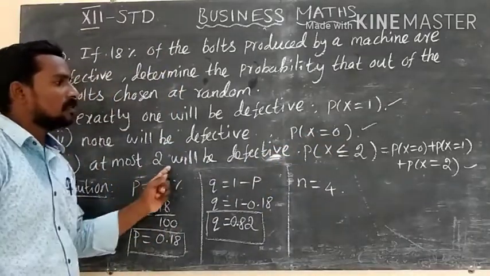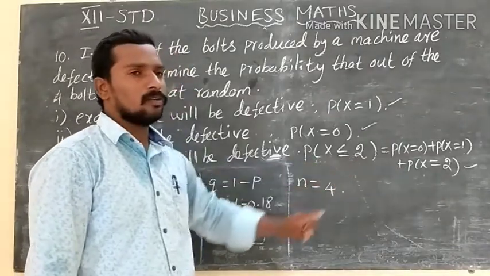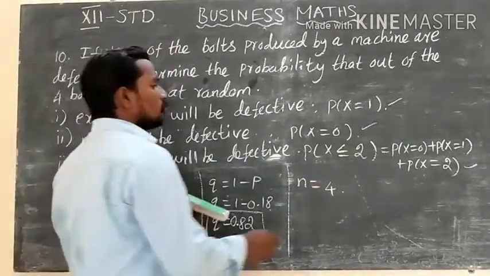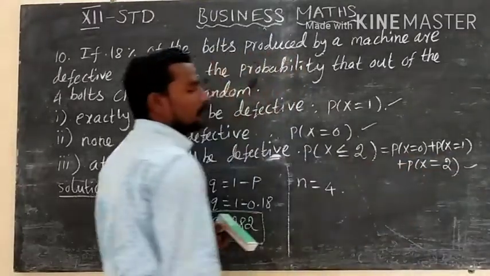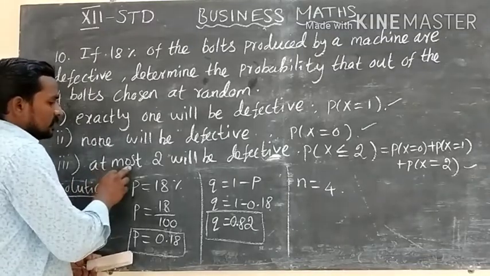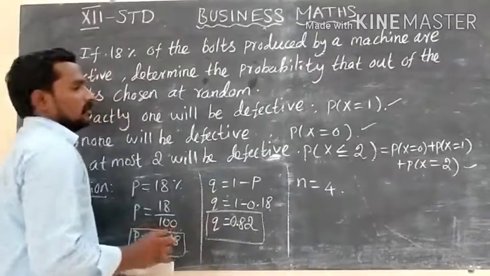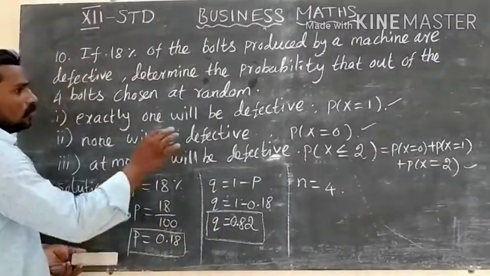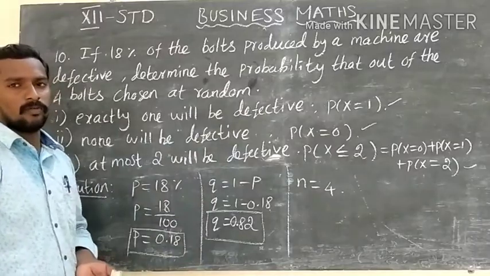Then at most 2 means the less than or equal to sign, so P of x less than or equal to 2, which means below 2, 0, 1 or below, then equal to 2. Suppose at least, it means P of x greater than or equal to 2. Here, at most means x is less than or equal to 2. So these three are your homework.